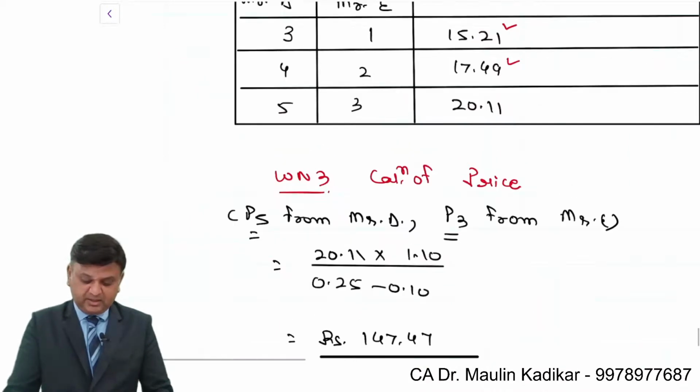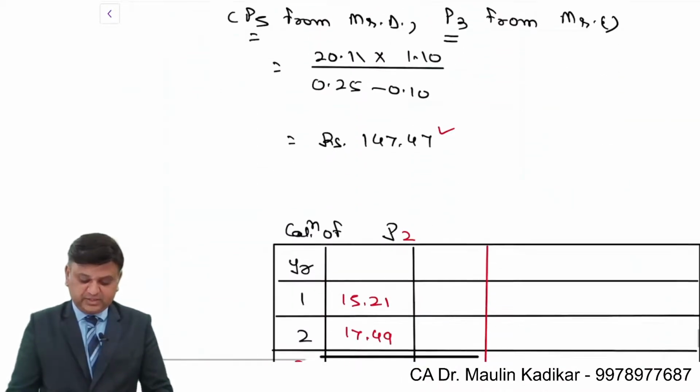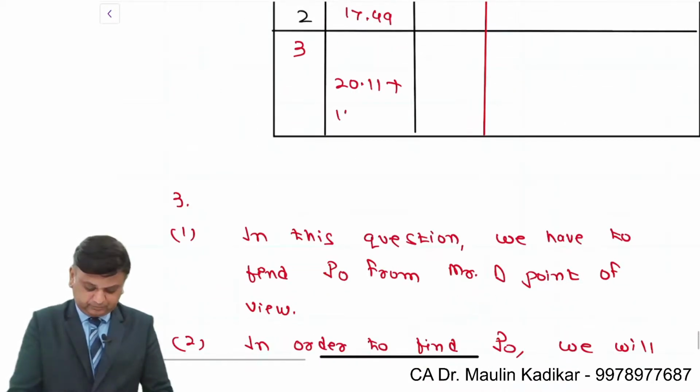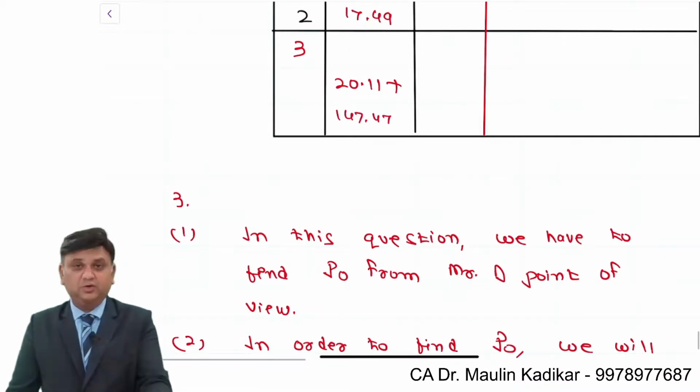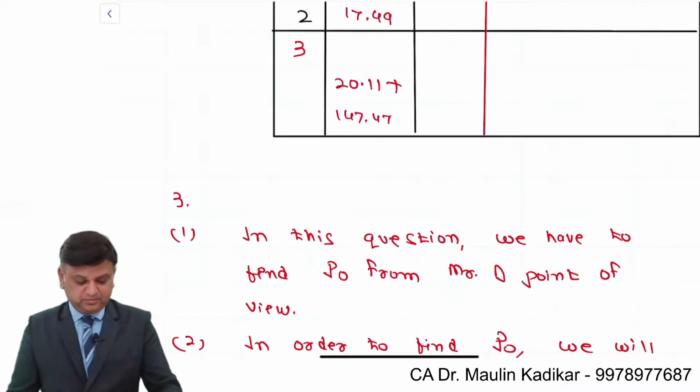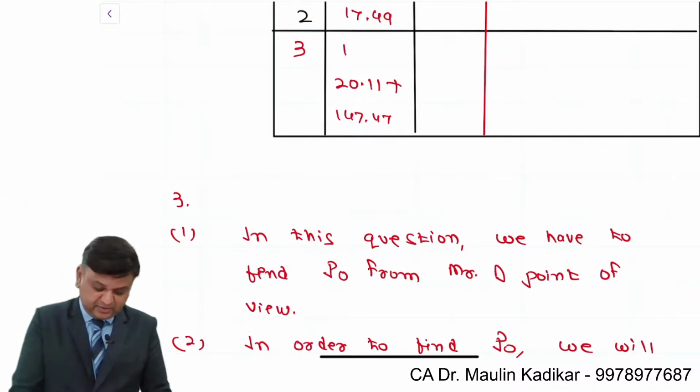In addition to that, he is going to receive 147.47. Do not write anything, let me explain. So it is 20.11 plus 147.47, that is 167.58.